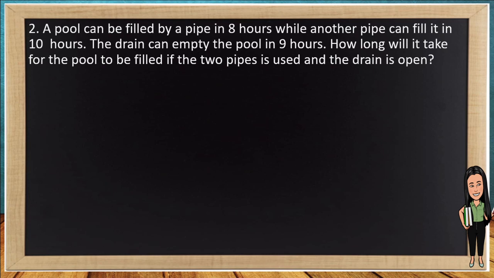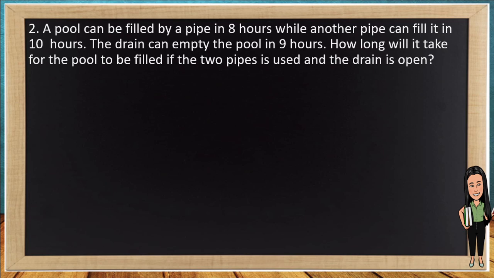Let's have another example. A pool can be filled by a pipe in 8 hours while another pipe can fill it in 10 hours. The drain can empty the pool in 9 hours. Dito sa example na to, merong dalawang machine that fills the pool, yun yung pipe 1 and pipe number 2.